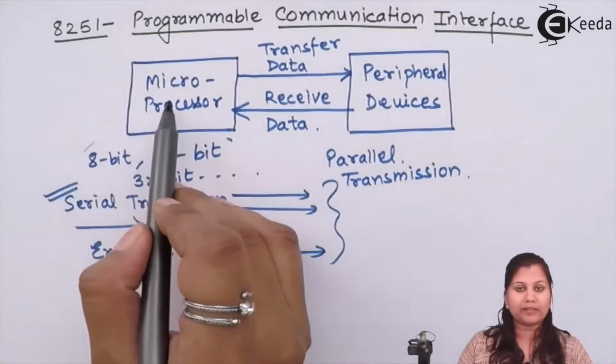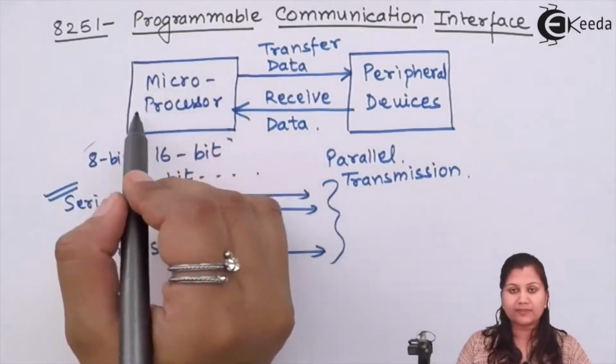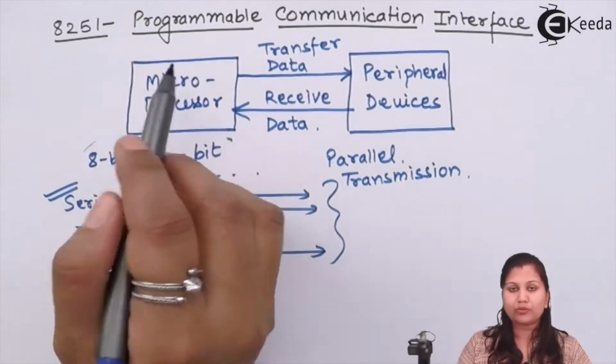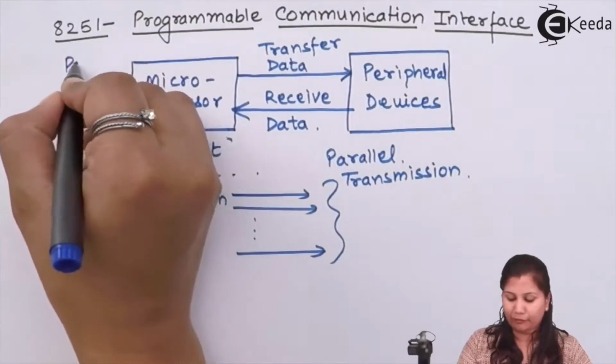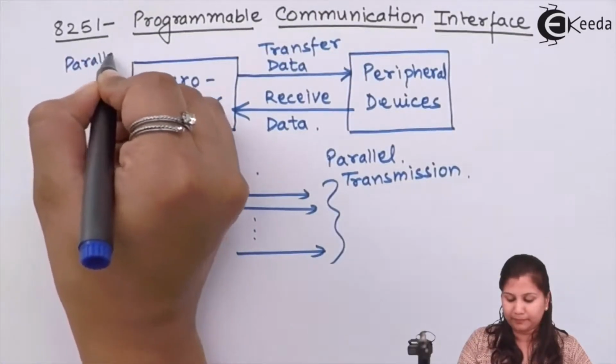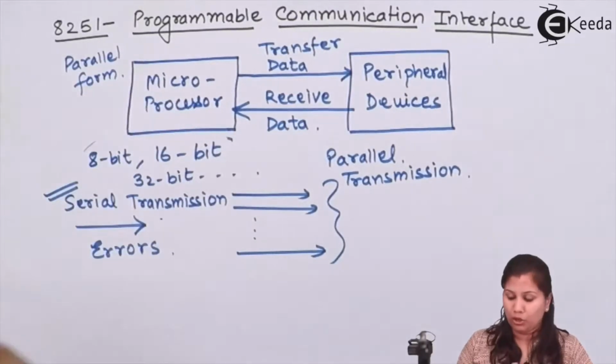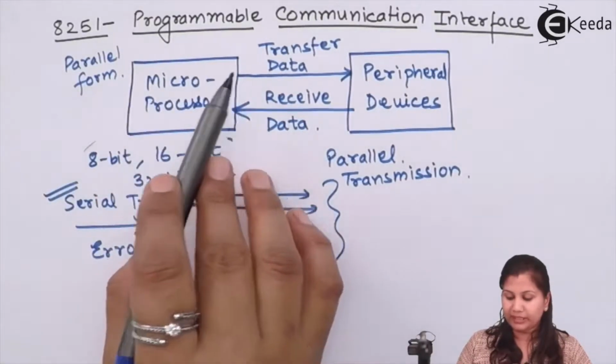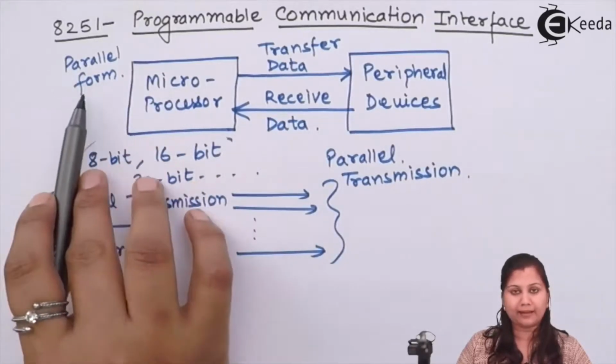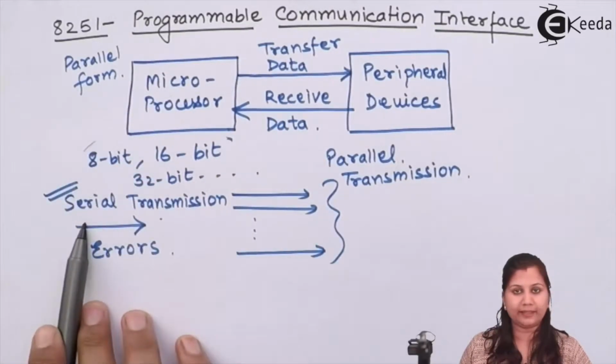Also, the microprocessor computes all the data in parallel form. So when it has to transmit the data, it has to convert the parallel data into serial data.